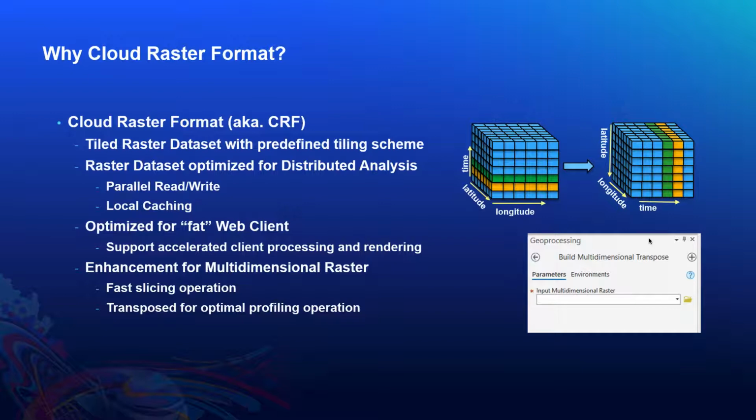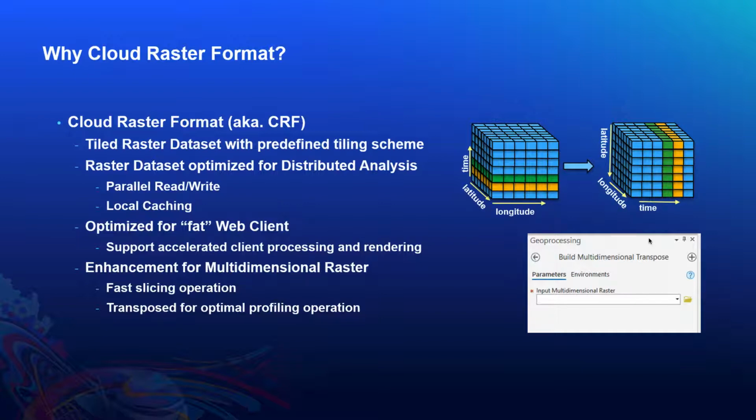And our web clients, such as the ArcGIS Online Web Map and also the JS API, are also enhanced to support accelerated client processing and rendering if the image service is referencing a cloud raster format dataset in the cloud store. This format is especially good for multidimensional rasters.